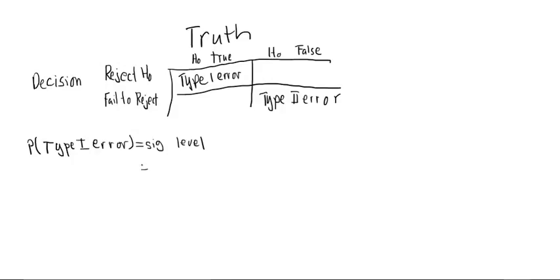It is also referred to as alpha and is defined, if we use the terms we had above, as our sample being a part of sample space C, or the subset C, given that theta is a subset of H naught.